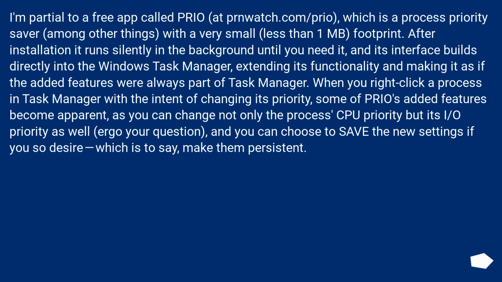When you right-click a process in Task Manager with the intent of changing its priority, some of Prio's added features become apparent, as you can change not only the process CPU priority but its I/O priority as well, ergo your question, and you can choose to save the new settings if you so desire, which is to say, make them persistent.